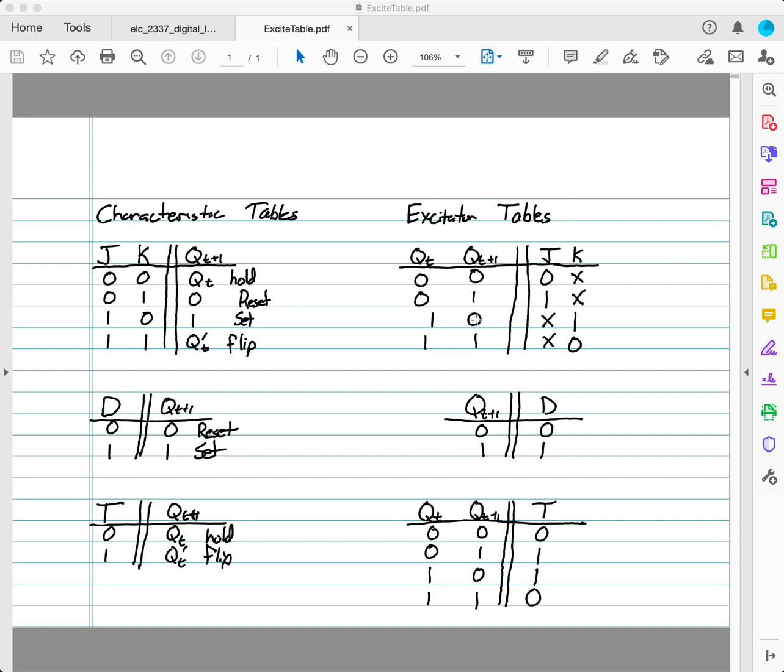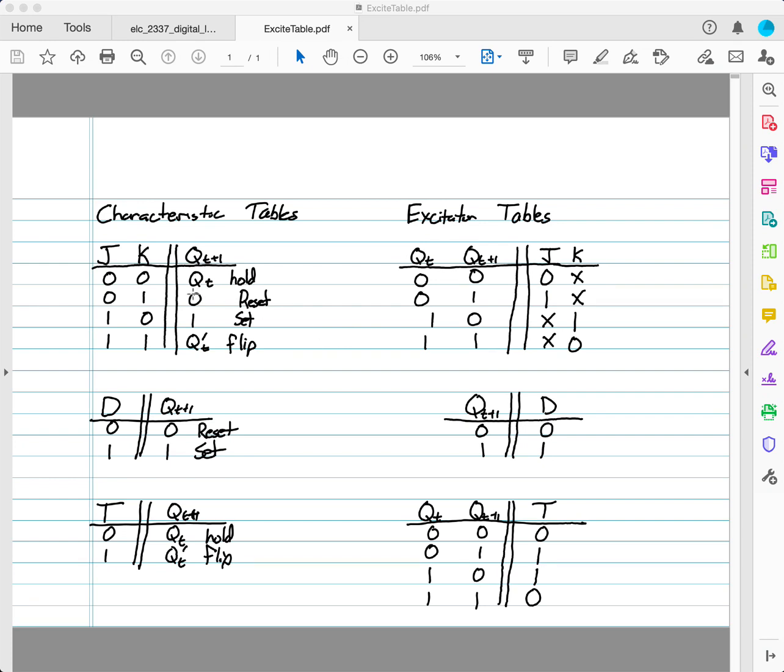If I'm going from a 1 to a 0, I could either do a flip or I could do a reset. Reset will get me a 0 as the next state. A flip will turn the 1 of the current state into the 0 that I want in the next state. So I could do a reset or a flip to go from 1 to 0.